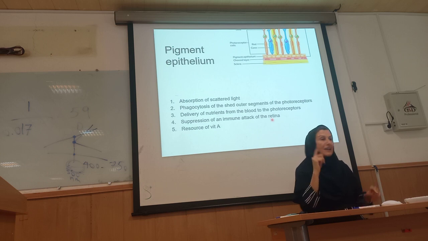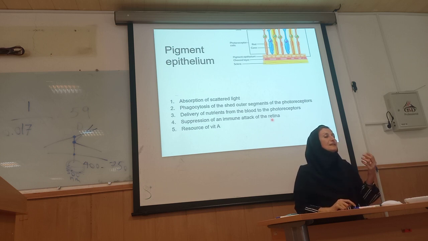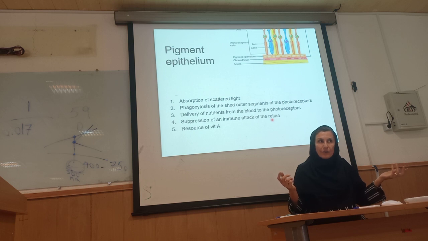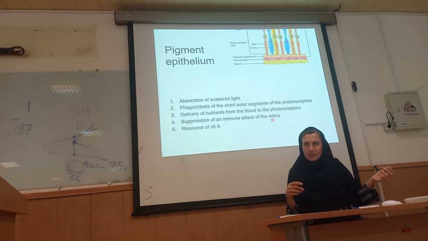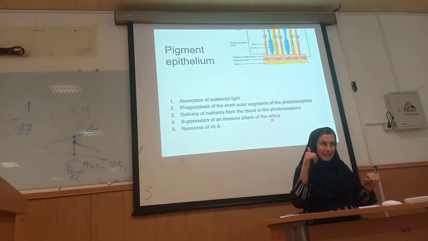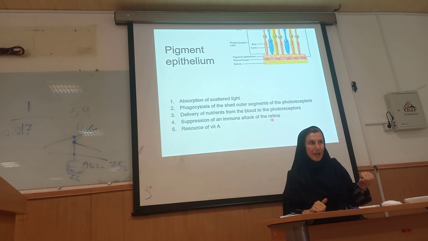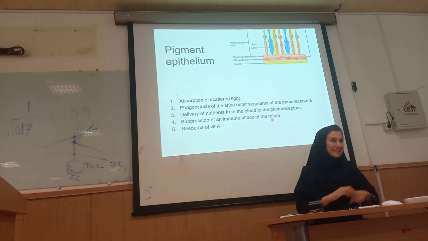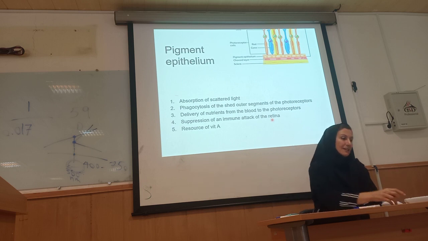So vitamin A is very important for our vision. And sometimes when there is a deficiency of vitamin A in our body, we may have some problem in seeing at night. It is called night blindness. Okay?